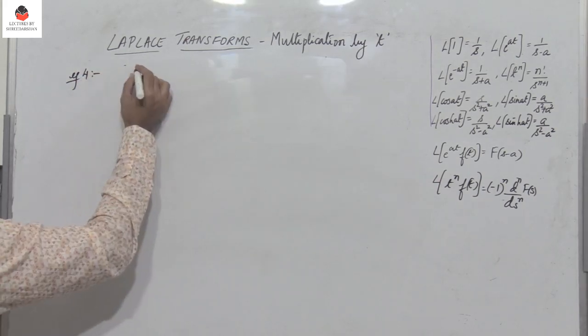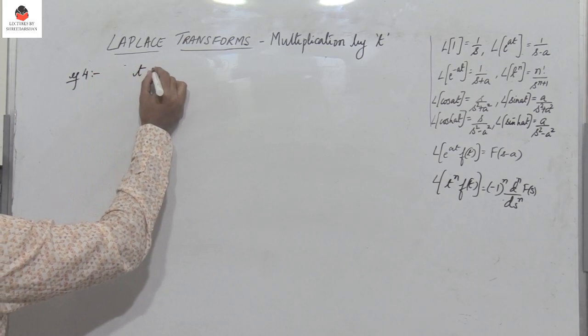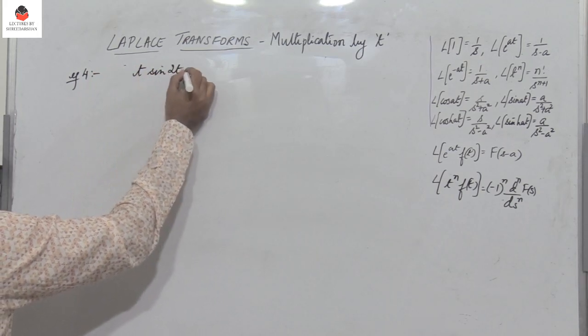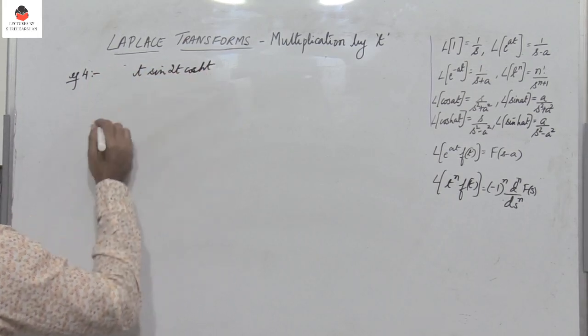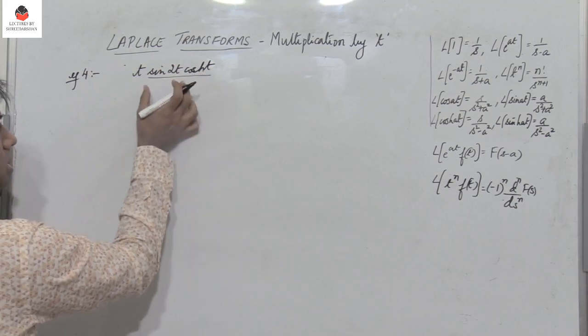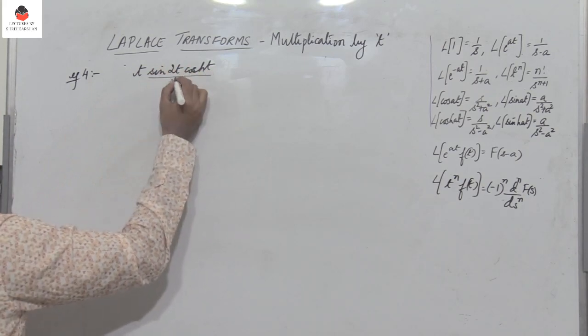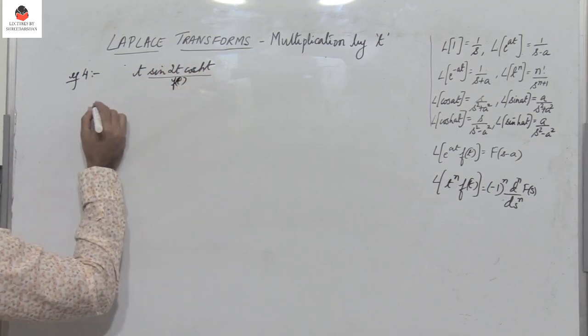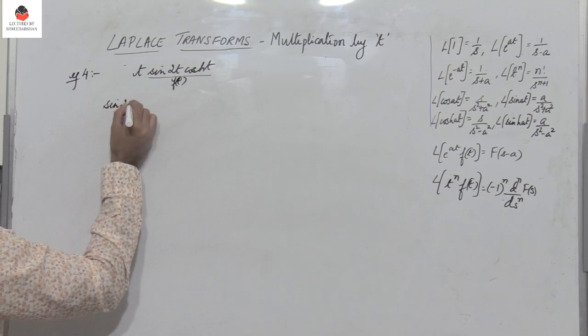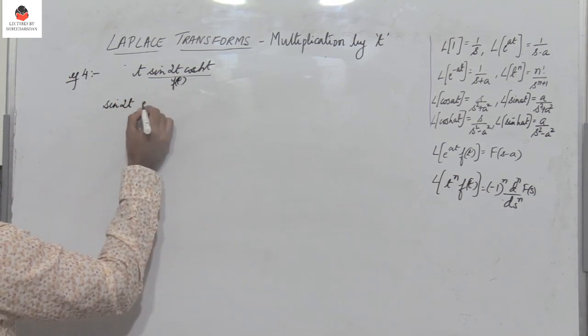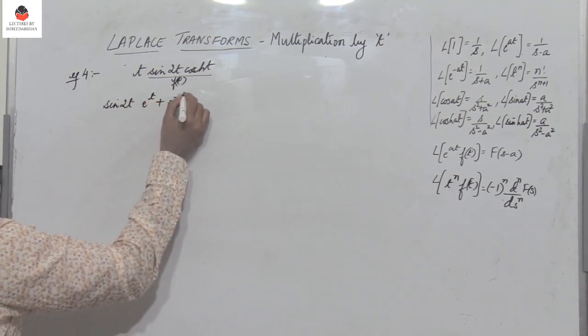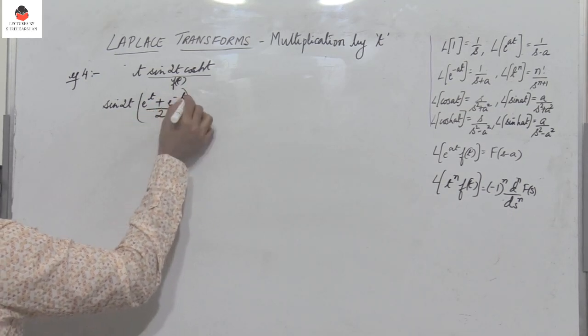So example 4, find the Laplace transform of t sine 2t cos hyperbolic t. So first let us consider sine 2t cos hyperbolic t. So let this be f of t, right? So I have sine 2t and cos hyperbolic t, I'll write it as e power t plus e power minus t by 2.